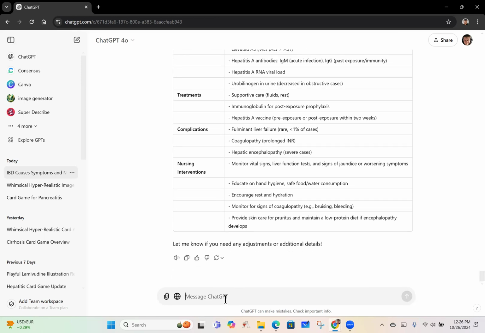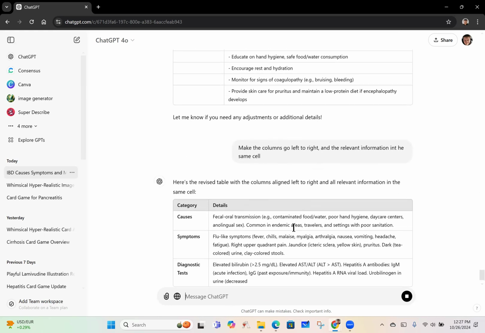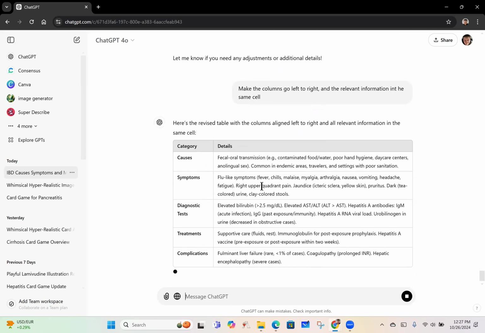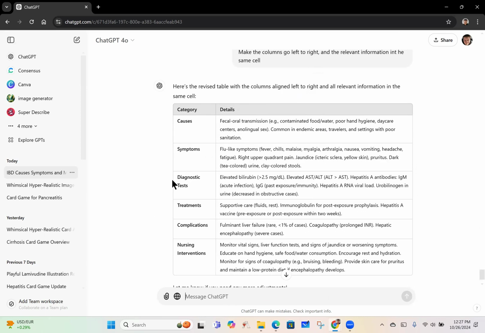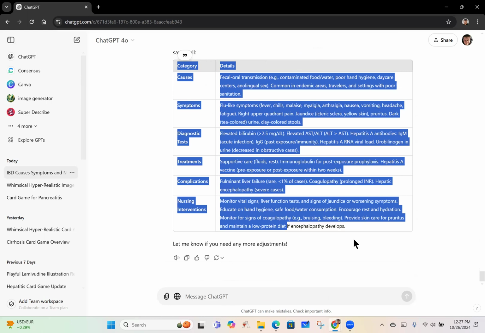So let's make the columns go left to right with the relevant information. And you can say, give me the bullet points, I don't like columns. You can make it display how you like, and then I can just go ahead and throw this into my notes.